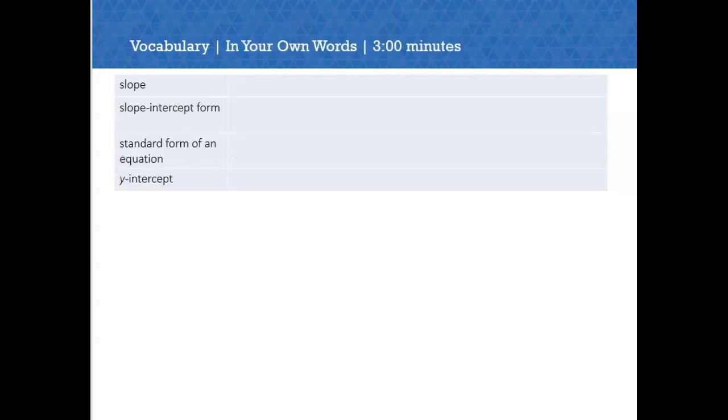Just a review, slope is the steepness of a line, and this is always m, and we calculate this y2 minus y1 over x2 minus x1. Slope-intercept form is y equals mx plus b, where m is slope and b is the y-intercept.